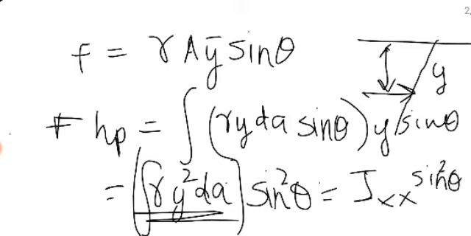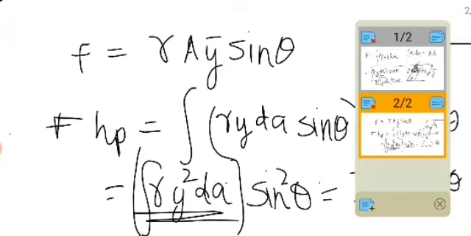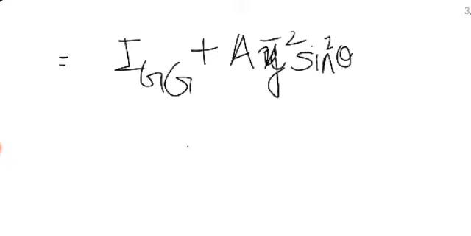Now Ixx is the moment of inertia about the centroid plus total area times the distance squared. It is nothing but the parallel axis theorem. So we have Ixx as Igg plus A x bar squared, or here, considering y bar squared sine squared theta, because the distance is y bar sine theta only.